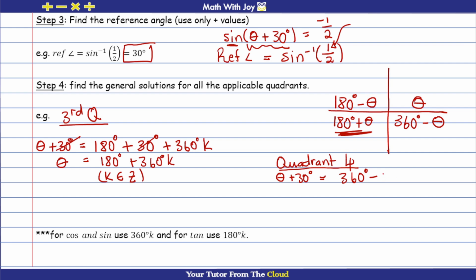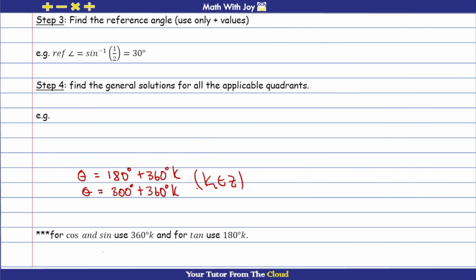So we're going to have 30 degrees, and then we need to include the 360 degrees times k because we want a general solution. Now you're going to take this 30 degrees to the other side. So we're going to have theta is equal to 300 degrees plus 360 degrees times k. So these are your two general solutions, and you must include that k is an element of integers.